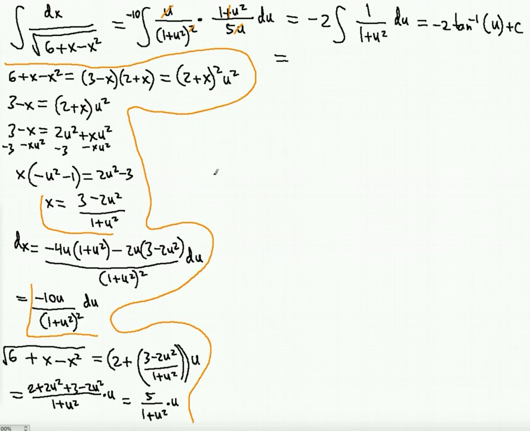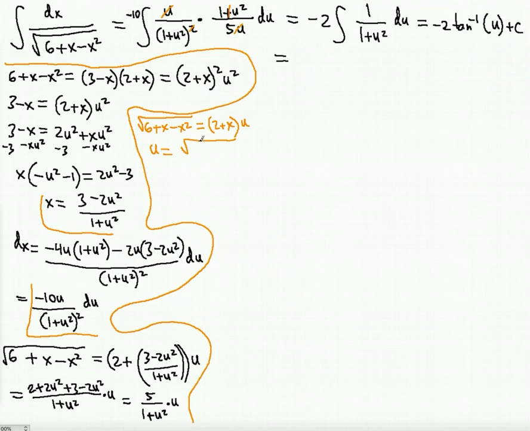Now putting everything in terms of x, 6 plus x minus x squared, the square root of that. Remember that the square root of 6 plus x minus x squared was equal to the square root of this, which was 2 plus x times u. u would be equal to the square root of this, and also we can factor this.